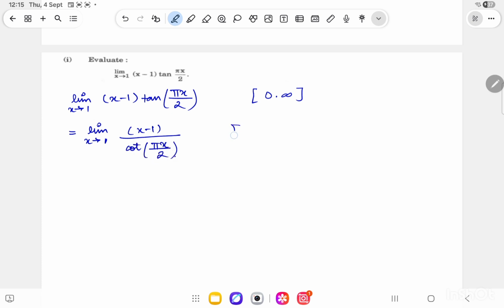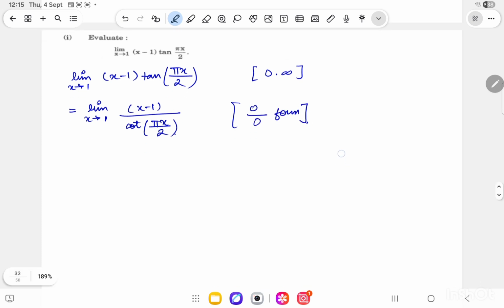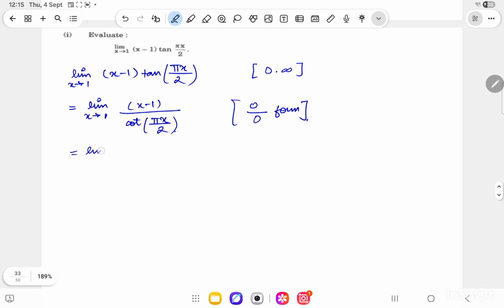Now if I check this, it is basically 0 upon 0 form, so I can use L'Hopital rule here. If I use L'Hopital rule, it will be 1 upon the derivative of cot(pi x by 2). Sorry, the derivative of cot x is minus cosec square.